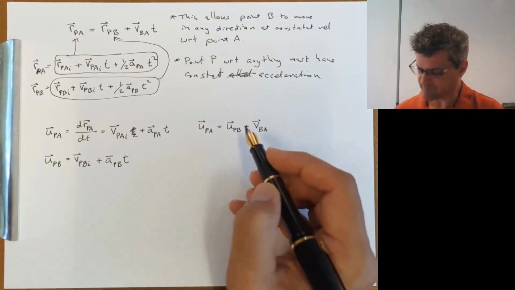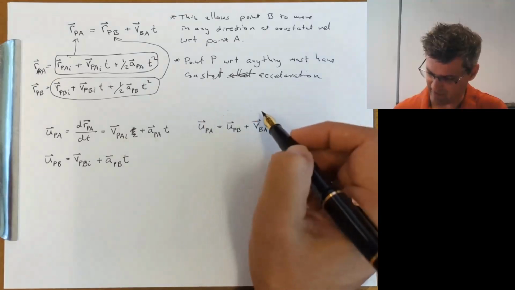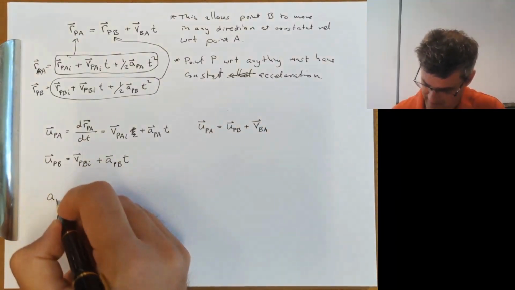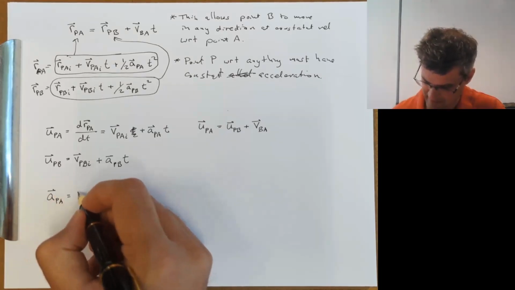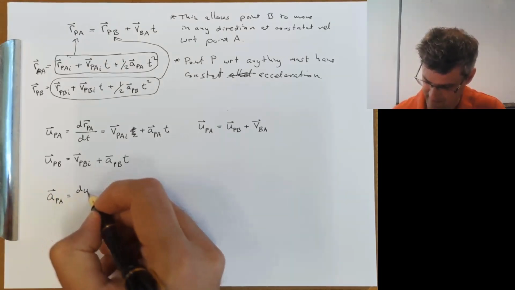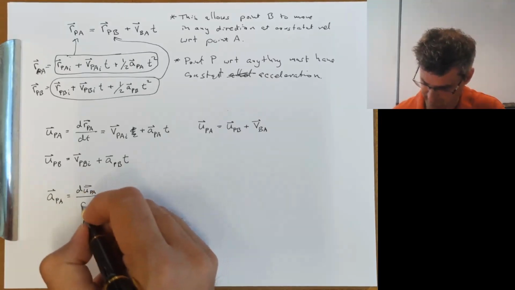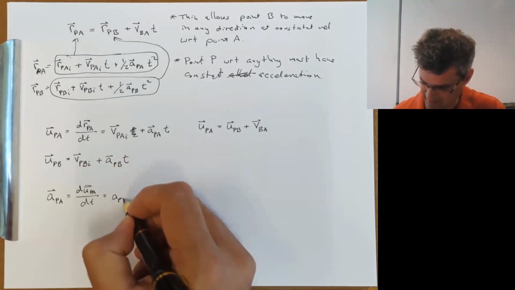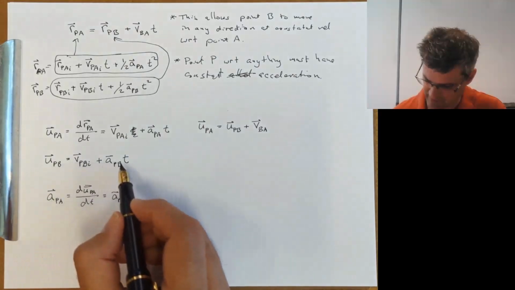Okay? Now, what if I wanted to take the derivative of both sides of this? A PA is going to be d u PA dt. And what we see is, yeah, that's what it is. I take the derivative of this.